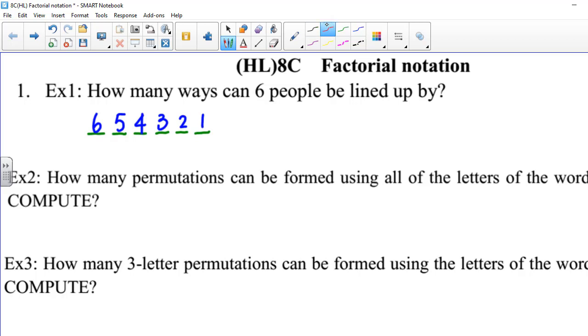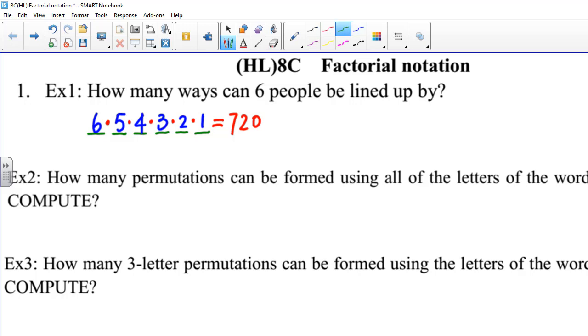Since I finished this task by steps, I multiply the number of ways in each step. 6 times 5, 30, times 4, 120, times 3, 360, times 2, 720, times 1, still 720. So there are 720 ways 6 people can be lined up.